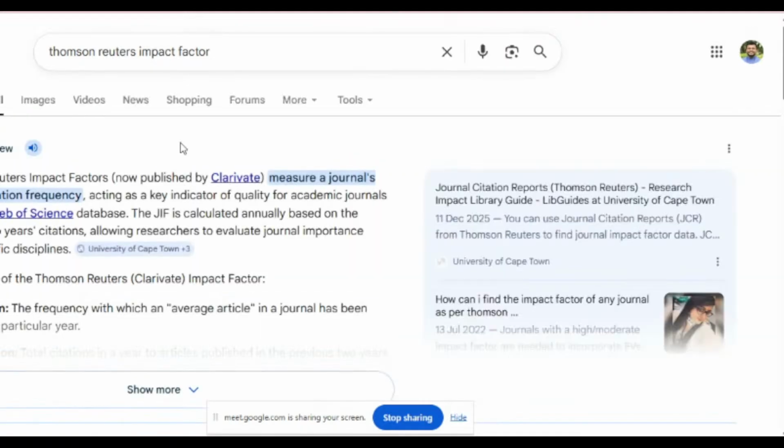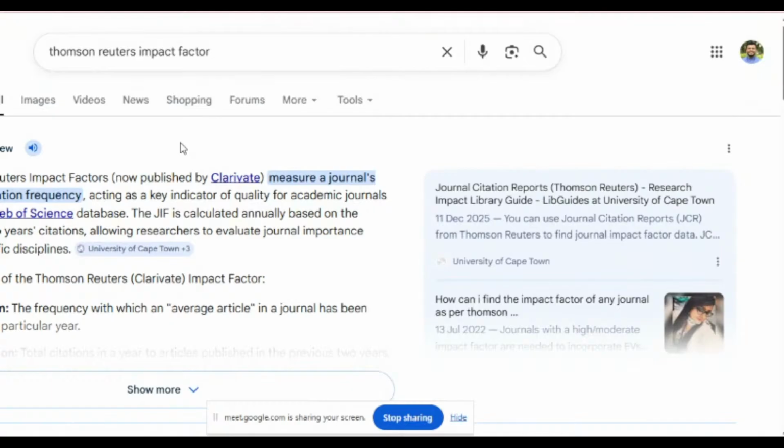Now it's renamed as Clarivate Analytics. So if you want to know whether your article is really published in a good impact factor journal, go for Clarivate Analytics or Thomson Reuters, because now it's called Clarivate Analytics, which gives you the real fact, not SJIF, the subject journal impact factor, which is totally misleading. So think of that.